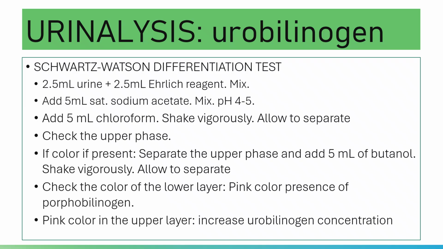Here's the procedure for the Watson-Schwartz differentiation test. You need 2.5 mL of urine plus 2.5 mL Ehrlich reagent, equal amounts, and then mix. After that, you add 5 mL of saturated sodium acetate and mix.